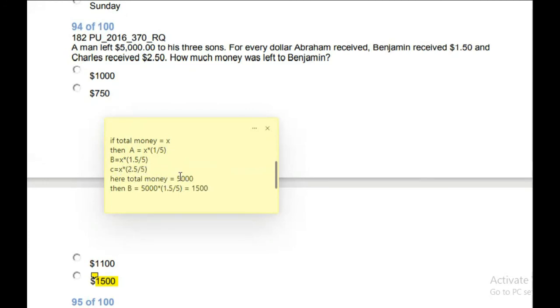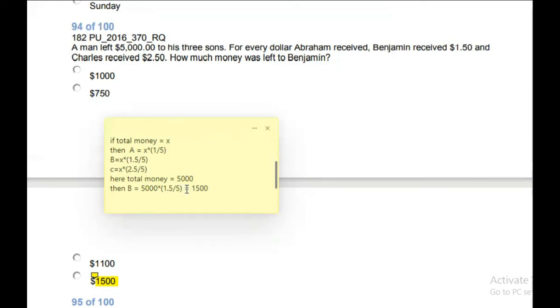So here the total money is 5,000. So the money going to Benjamin, that is B, is equal to 5,000 into 1.5 by 5, which is 1,500. And 1,000 is the money going to Abraham, that is A, because we know 5,000 into 1 by 5 is equal to 1,000.